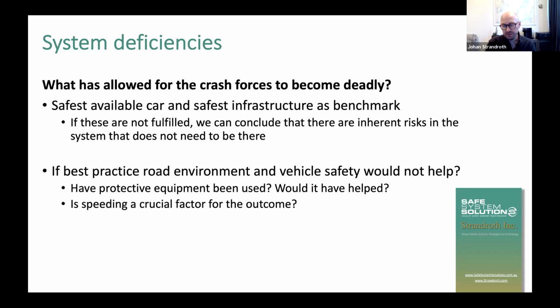There has to be something else that put this crash outside the effective envelope of what we can do, and that is quite often speed. Someone has been speeding so fast that it wouldn't help to have a barrier there, or there was a barrier there but it didn't help anyway, or the seatbelt didn't help.